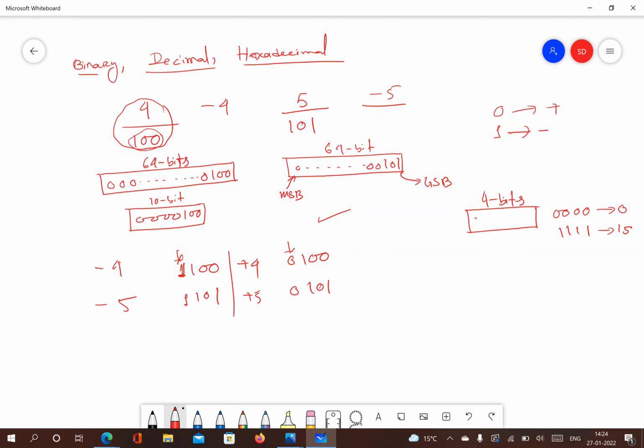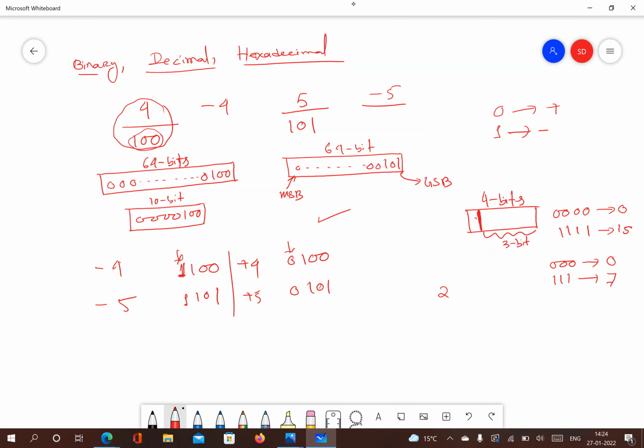But if we want to go with signed values, then how many bits? Because here this last bit will be stored for sign, right? Either 0 or 1. 0 means positive, 1 means negative. So after this only 3 bits are remaining here for the number. So with these 3 bits we can represent what? 000 means 0, and 111 means 7.